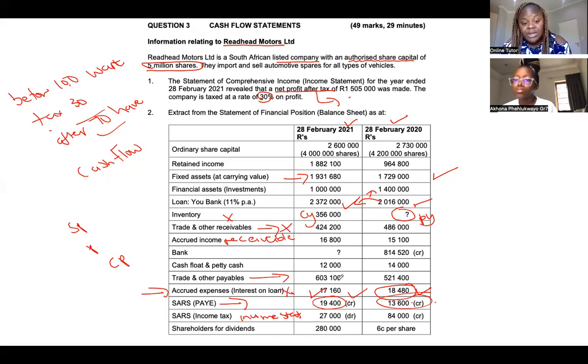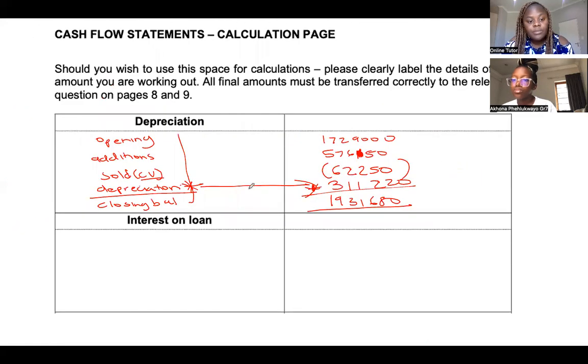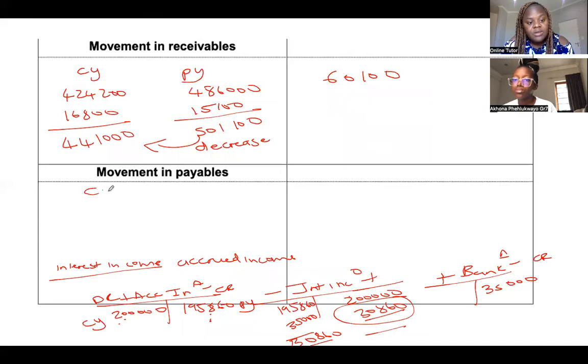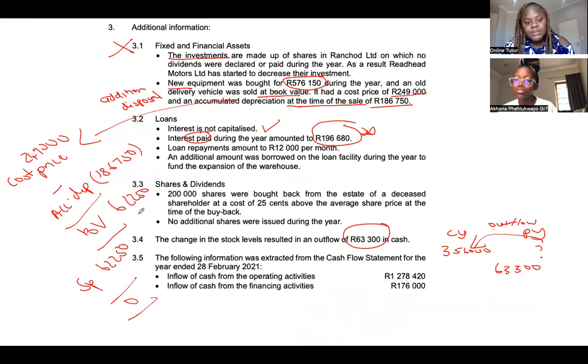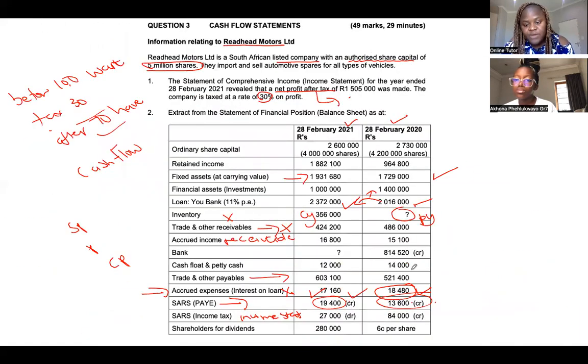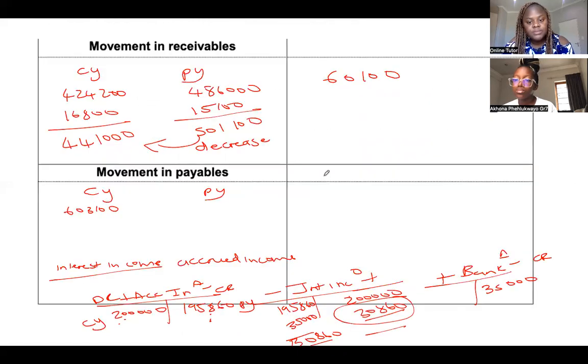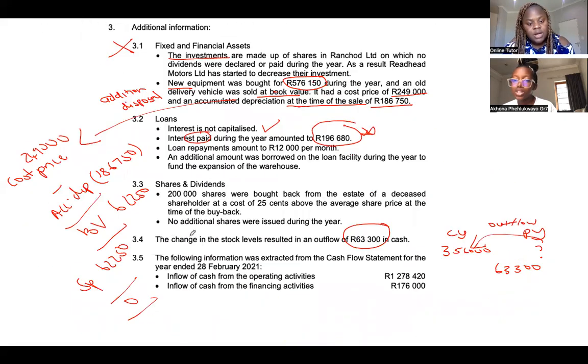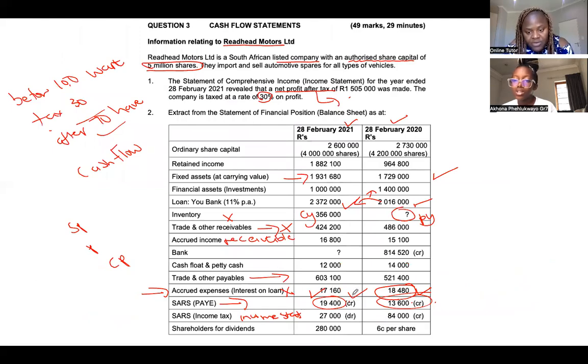So let's quickly go put in our figures. It's 603,100 for the current year, and then 521,400 for the prior year. And then what was SARS? SARS was 19,400 and 13,600.